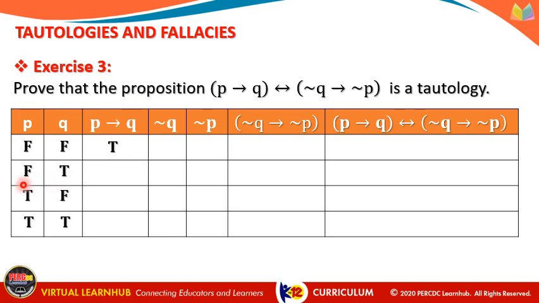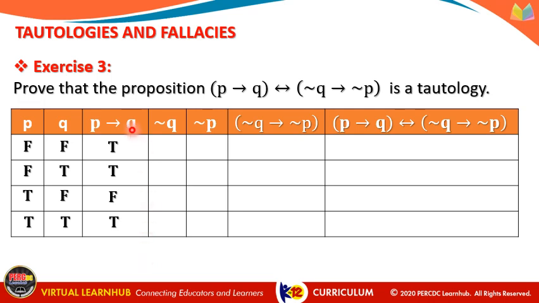The antecedent is false, the consequent is true, therefore our conditional proposition will be true. The antecedent is true, the consequent is false, therefore what we have is false. Take note, this is the only combination in which the conditional proposition will become false. Lastly, the antecedent is true, the consequent is true, therefore our conditional proposition will be true.